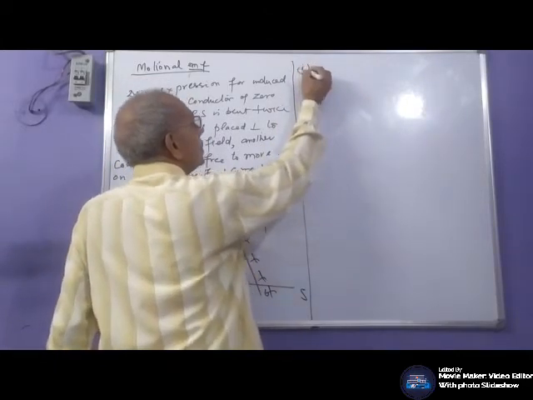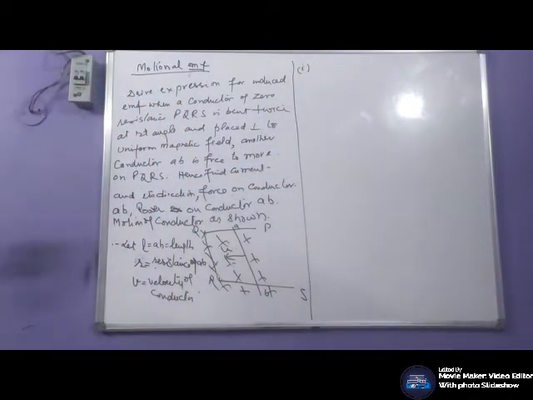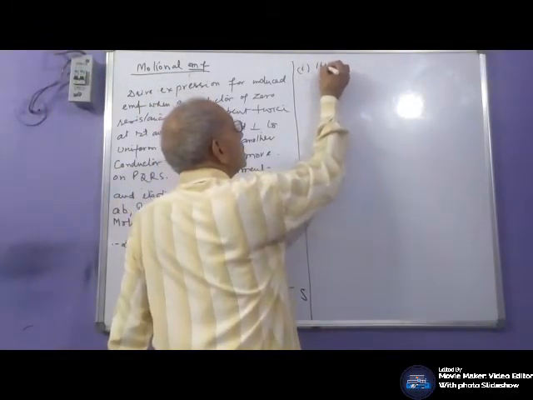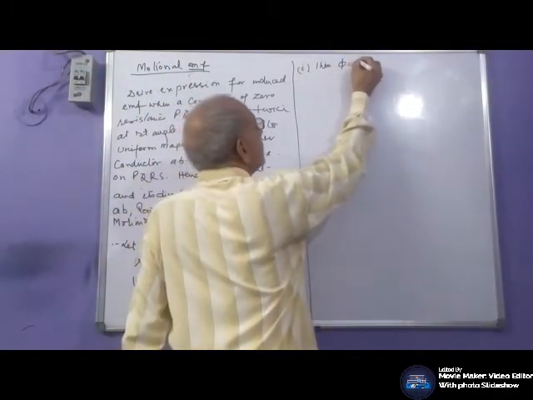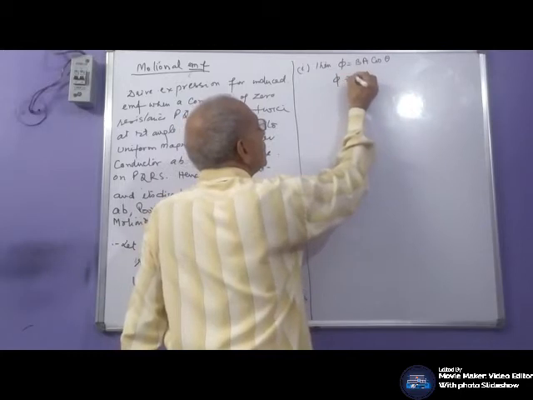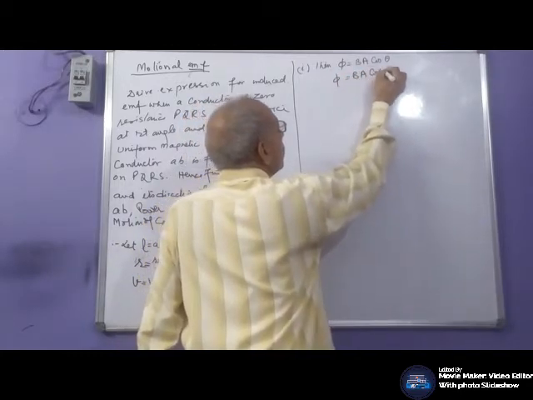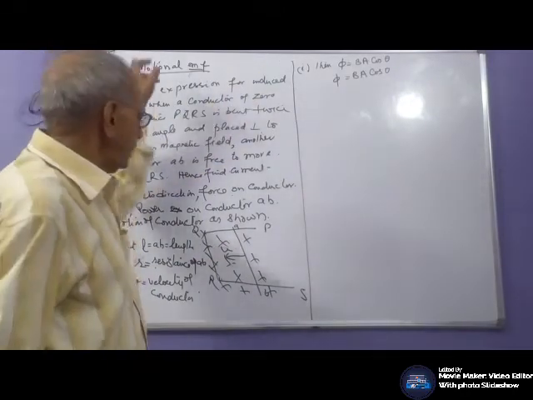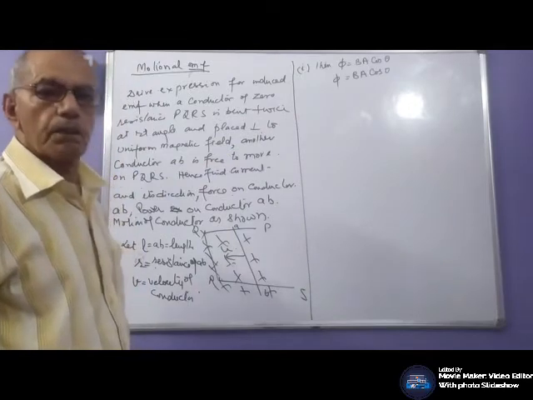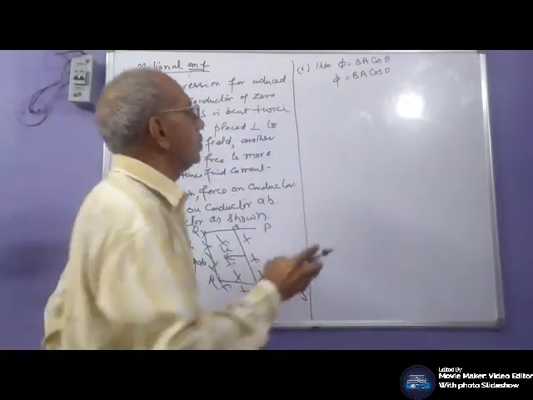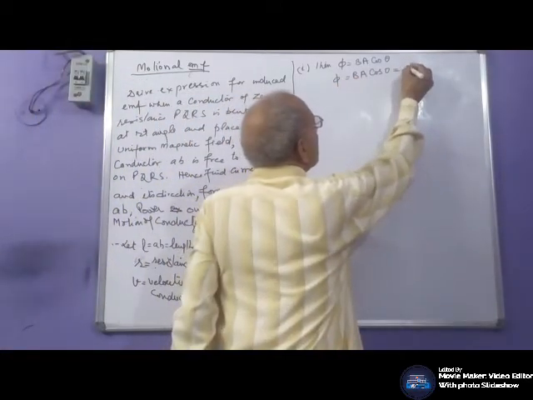First, induced e.m.f. If there is change in flux, then e.m.f. Then phi be A cos theta, phi be B A cos 0. ये एरिया है, ये बोर्ड एरिया है, ये नॉर्मल है, इधर ही B है, थीटा इज 0, it is BA.